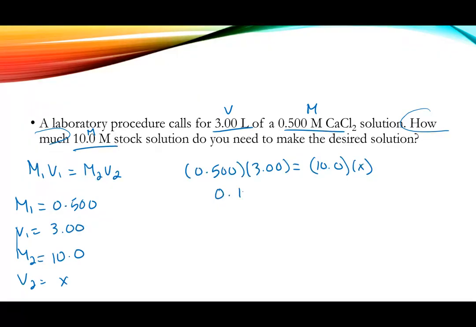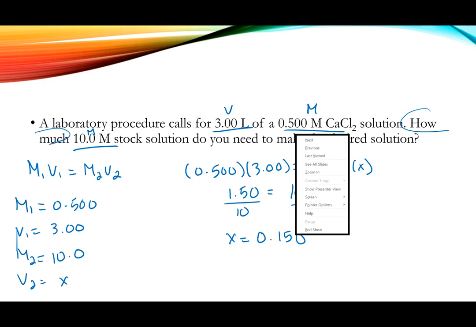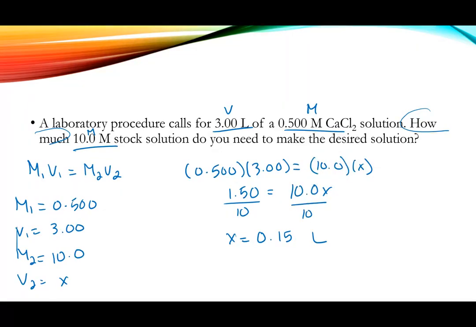So we get 1.5 equals 10x. Divide both sides by 10. X is 0.150 for sig figs, 0.150 liters. We know that the unit of the volume is liters because my other volume was liters.